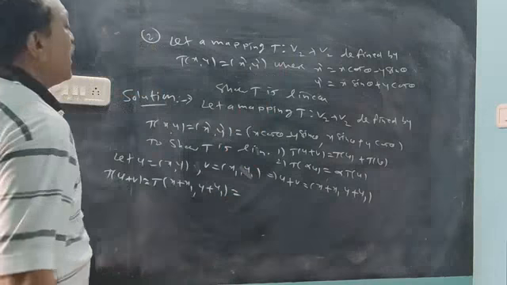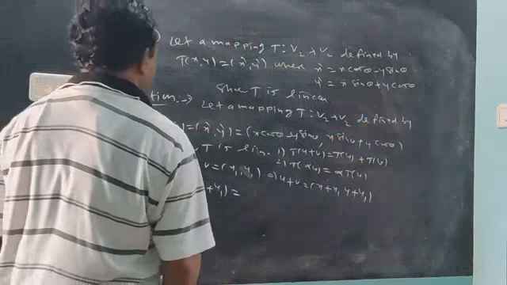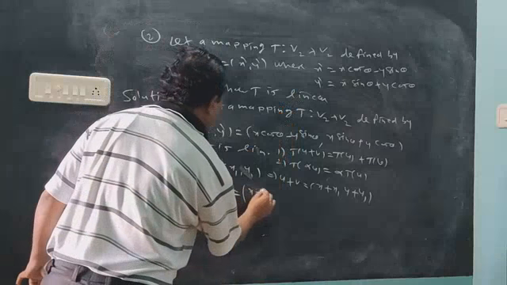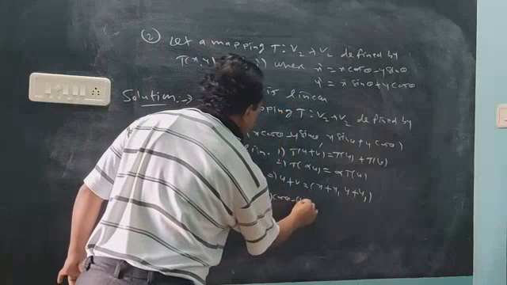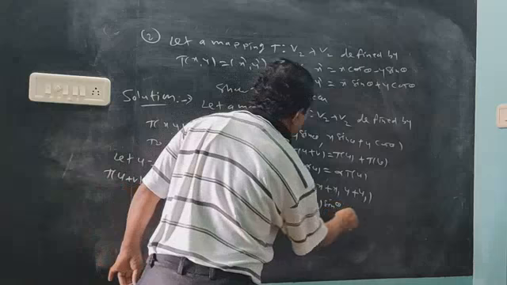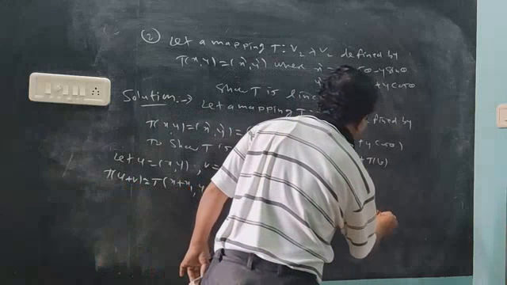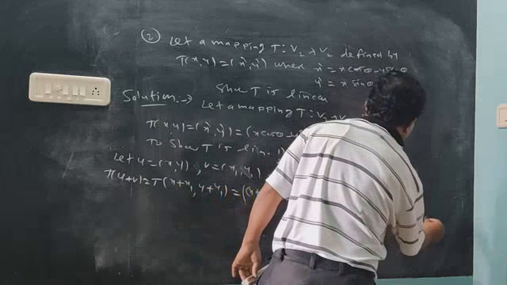Applying the definition, x becomes x plus x1 and y becomes y plus y1: first position (x plus x1) cos theta minus (y plus y1) sin theta, second (x plus x1) sin theta plus (y plus y1) cos theta.